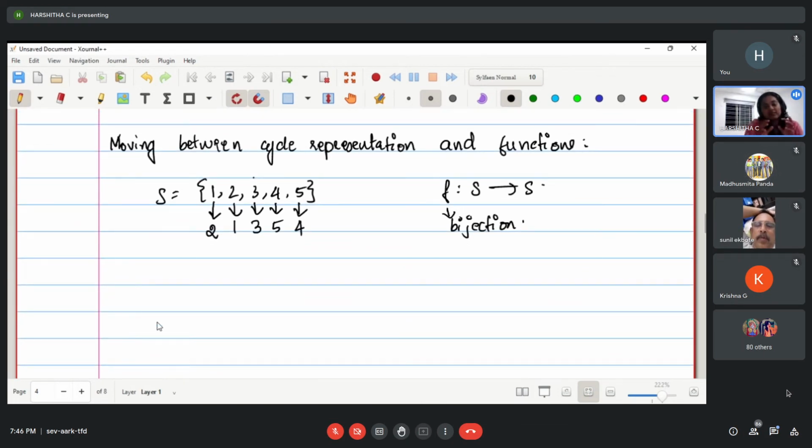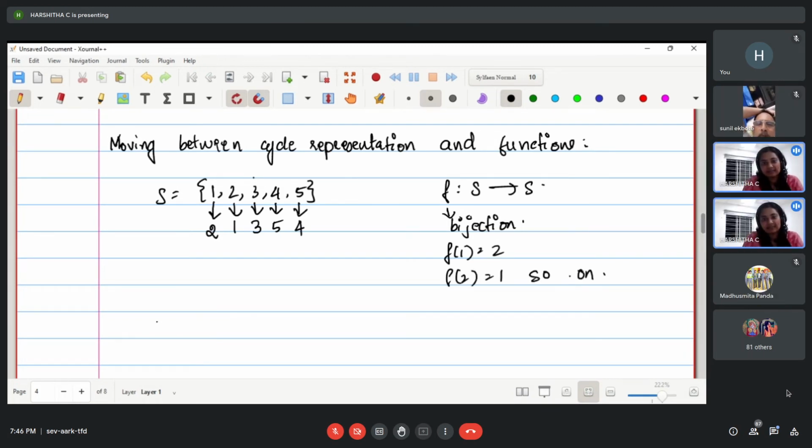Okay. So instead of every time writing f of 1 equal to 2, f of 2 equal to 1 and so on, we just want an easier way of looking at this. Whatever picture I have drawn here, we're just converting this into the notation.